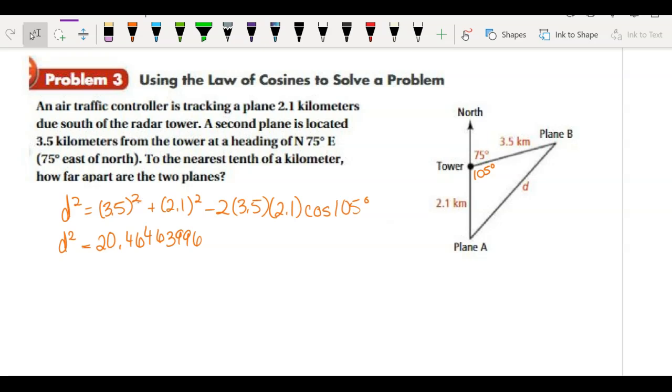Now let's take the square root. If you're using your calculator, you can hit second square root, second answer, and that'll keep you from having to type it again. And hit enter. So D is approximately 4.5 kilometers. And that's all for this lesson.